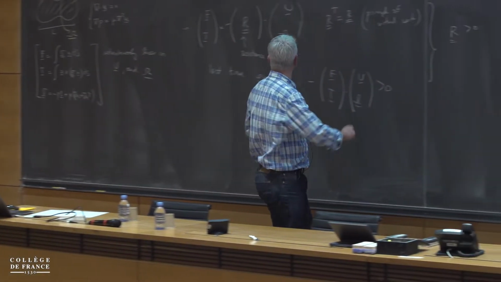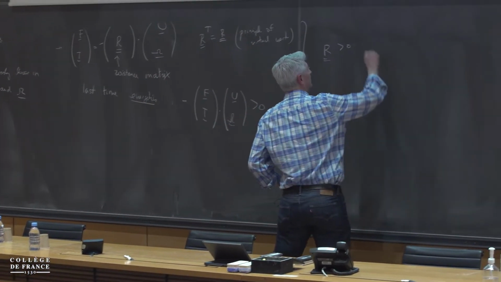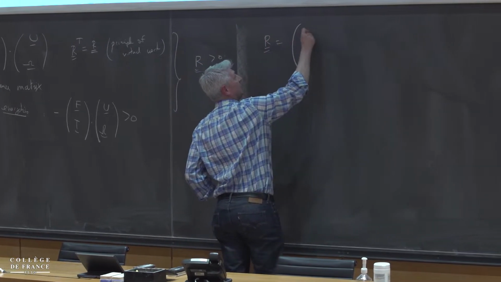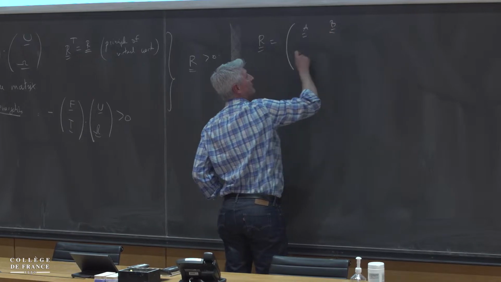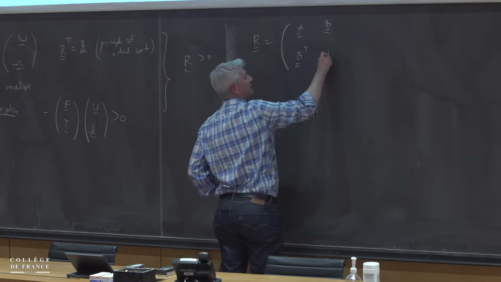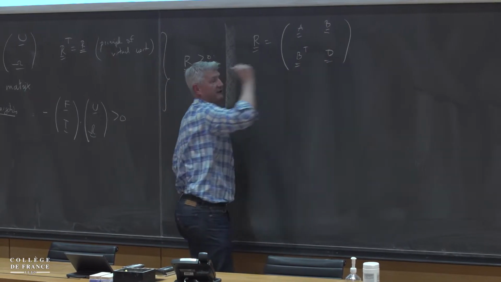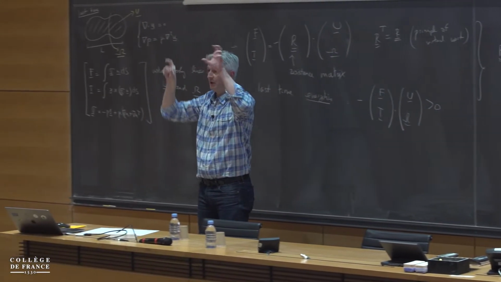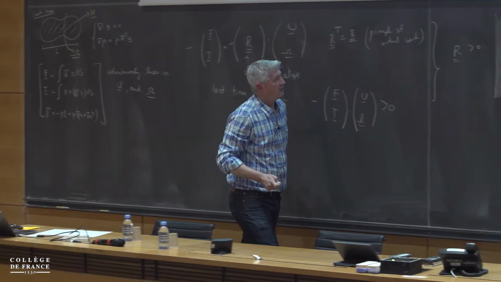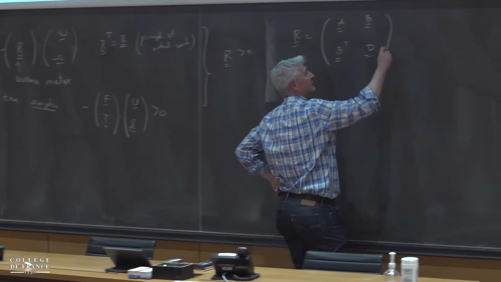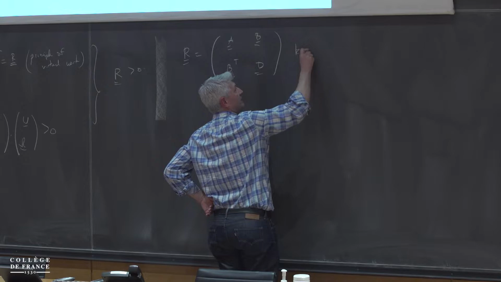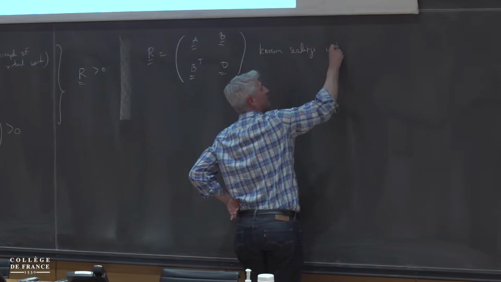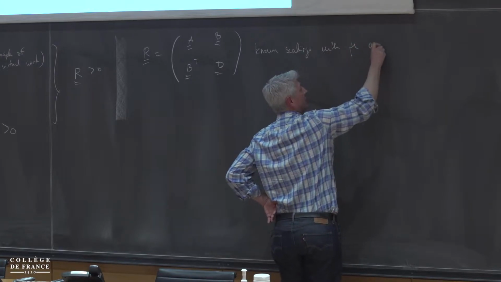Another thing that's interesting for you to know is that R, if you write it as A, B, B transpose, and D, it has to be B transpose for this thing to be symmetric. So you cut your 6 by 6 matrix into different 3 by 3 matrices. Each of them has known scalings, involving the viscosity mu and the length.